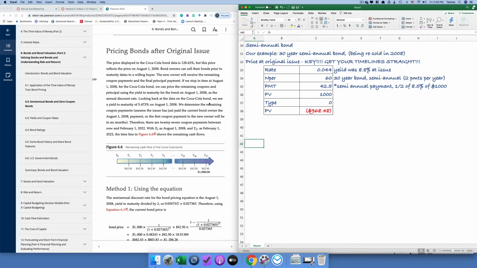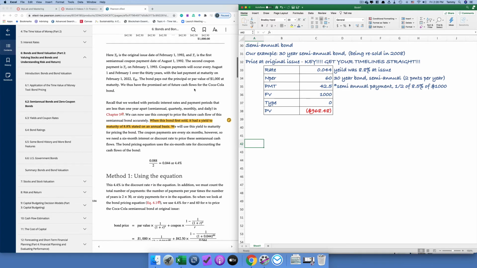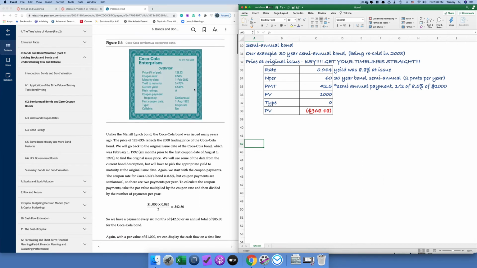Now, what I want to do with this next example is show you how this present value equation actually relates to the information that is provided on the bond sales sheet.